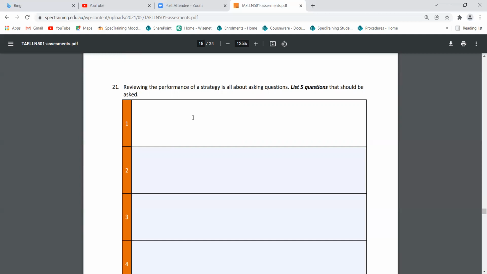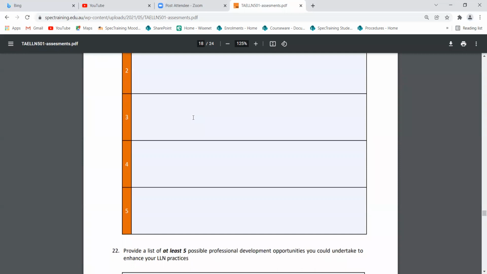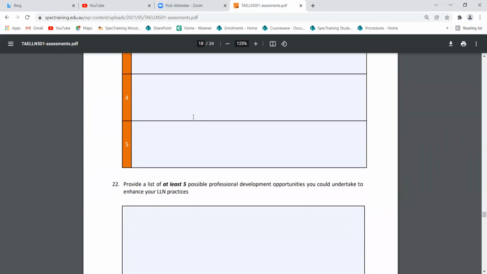So number 1 could be, what were the LN levels when we first started? Another question could be, was the progress consistent and smooth over time? Were the objectives reached? What other support could have been provided? Was the support provided successful or not, and why? How else could we have supported the learner? Okay, and many other questions that you can think about there.